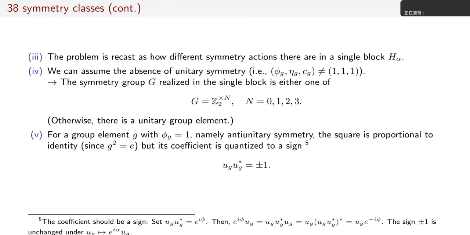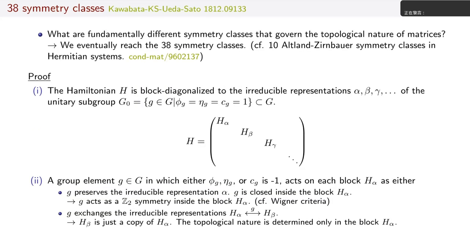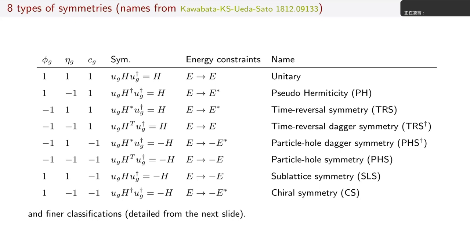Can you remind me of phi, eta, and c? What are the symmetries that stand for these three categories? One is time reversal, the other is Dagger, and the last one is particle-hole. The transpose. You mean in the Hermitian system? No, in here. So it is Dagger, star and transpose, and also minus. I want to ask because I think Wigner's theorem tells us that.